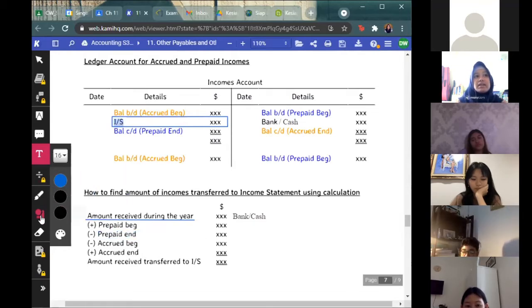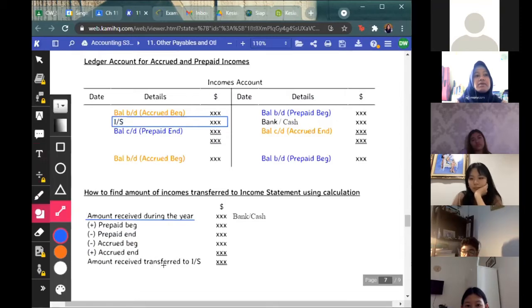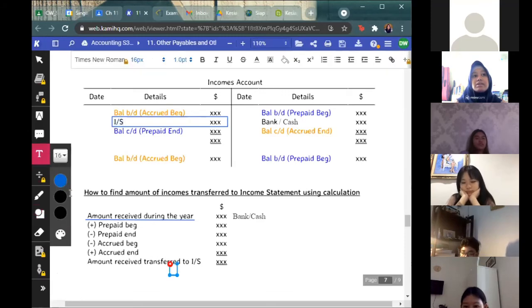Now, once again, the amount transferred to IS has its own keyword. If bank and cash is represented by the word received in the incomes for IS, it is the same in the expense.